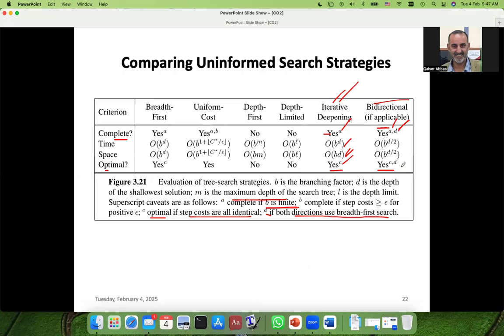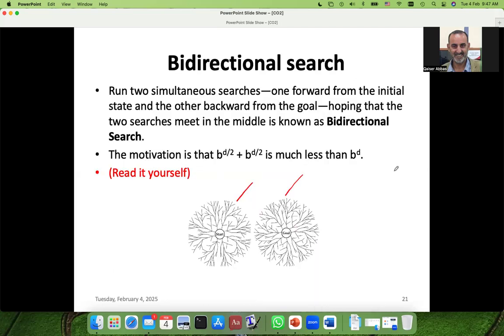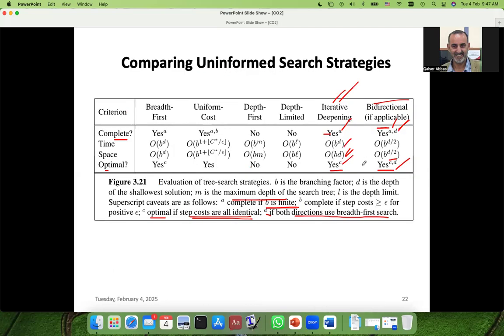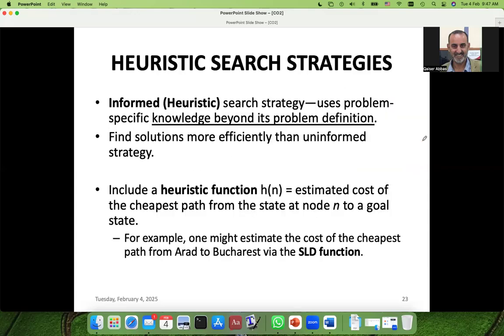And now here, it is optimal with these two conditions C and D. C is what? Optimal when step costs are identical, same. 1 1 1 1 1 1 1 1 1, or no step cost. And what is D? Both directions use BFS. And then space complexity, we already know D by 2, D by 2. So that is just a comparison.